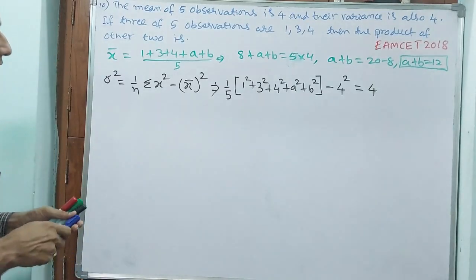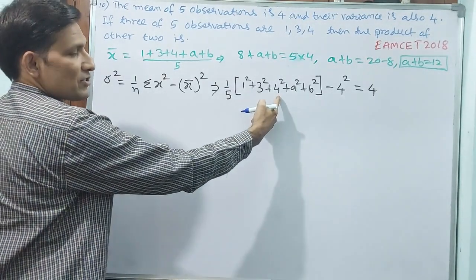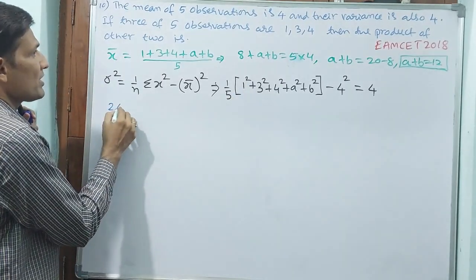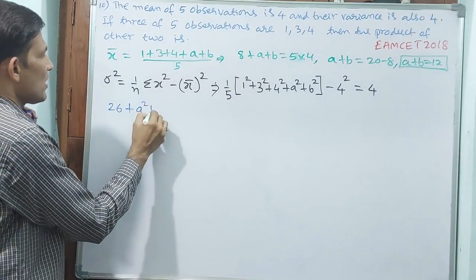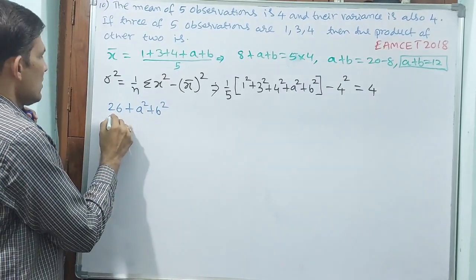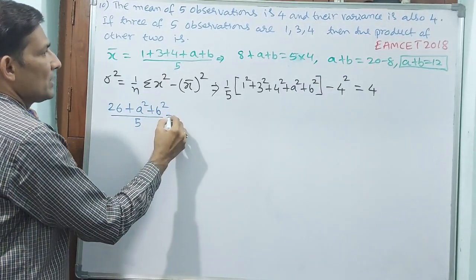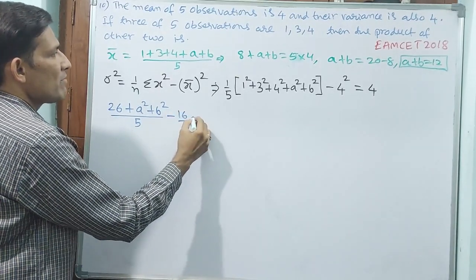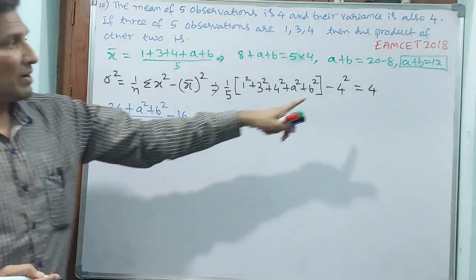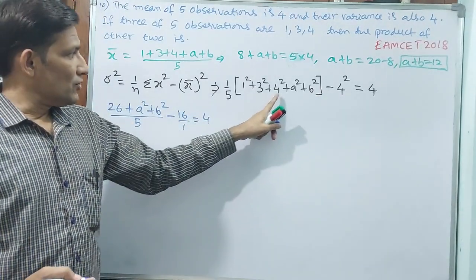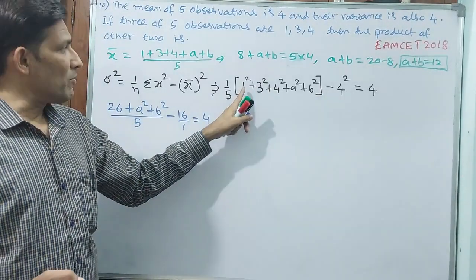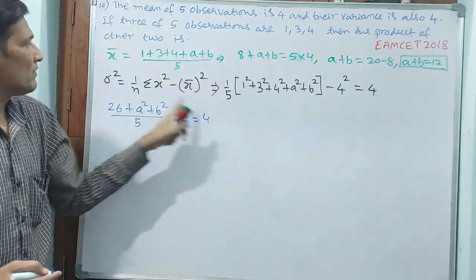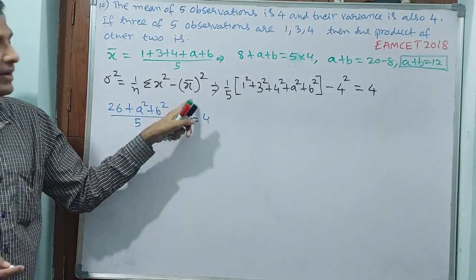Now see how I am making this. 4 square is 16, 9, 25, plus 1, 26. So 26 plus a square plus b square, divided by 5, minus 16 is equal to 4. Why? Because 4 square is 16. This divided by 5 is only for this one. Why? Because this separate you have already made.